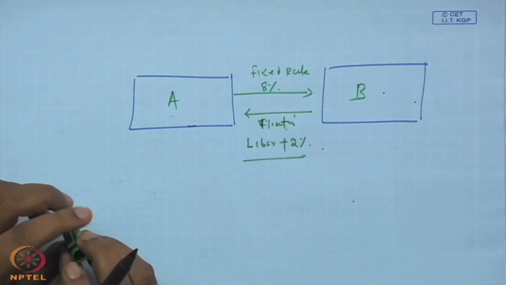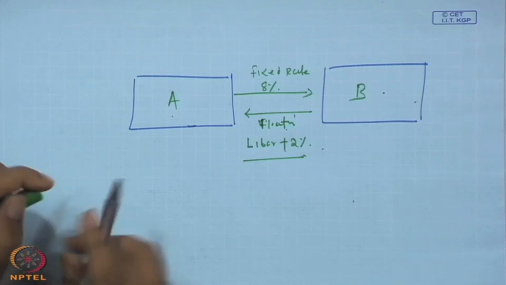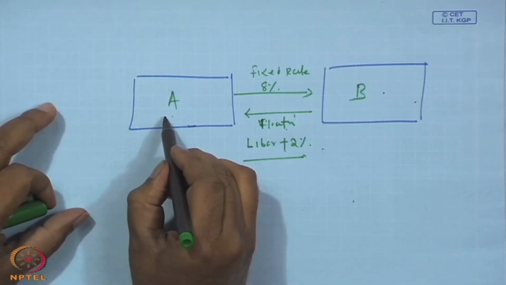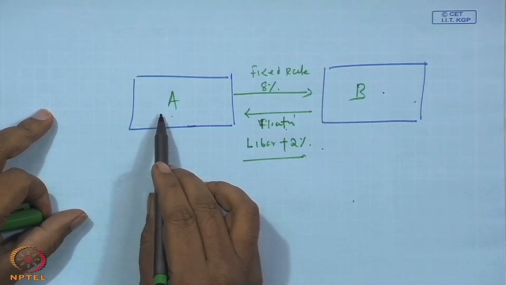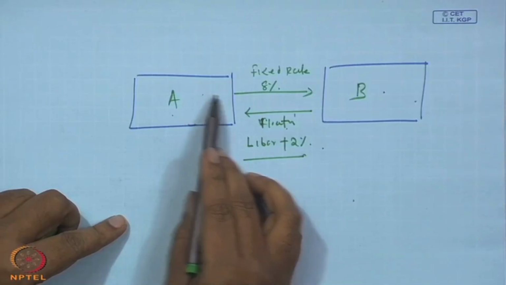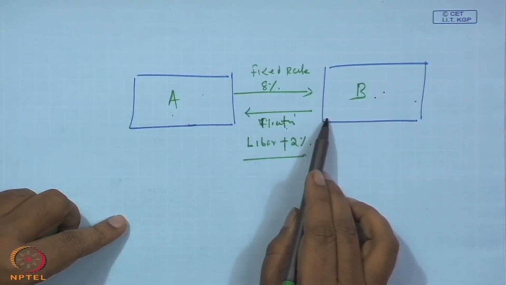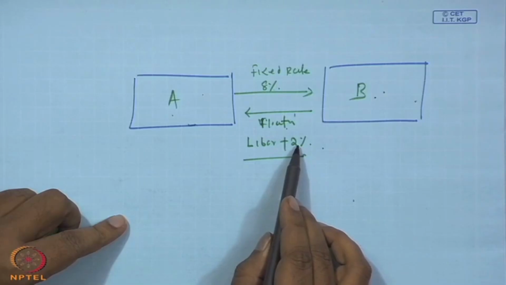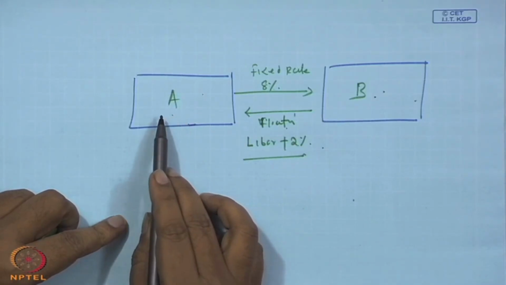This is the transaction. What does it mean? Company A provides 8% to company B, and company B provides floating LIBOR plus 2% to company A. What does it mean?